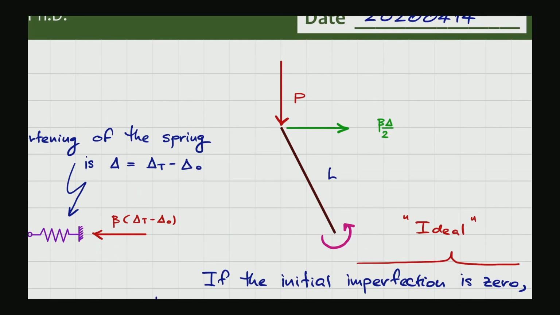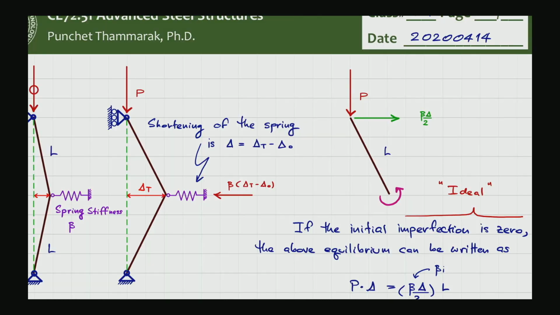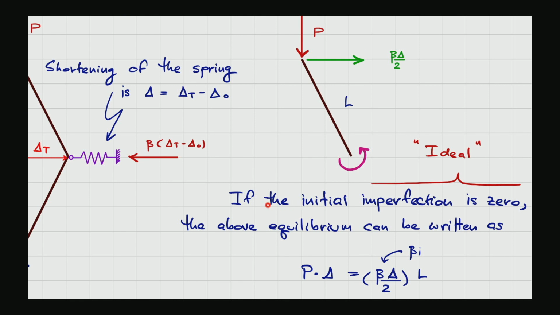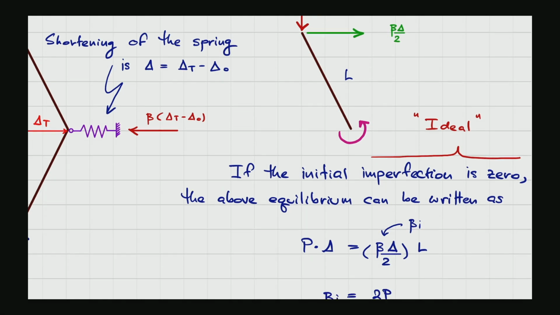So the only two things that contribute to the equilibrium of moment about the point are P times this distance, delta T, and L multiplied by beta delta over 2. When we talk about the ideal case, the delta naught is 0. So I list out that if the initial imperfection is 0, that means the ideal case, and the above equilibrium equation can be cast in the following way.